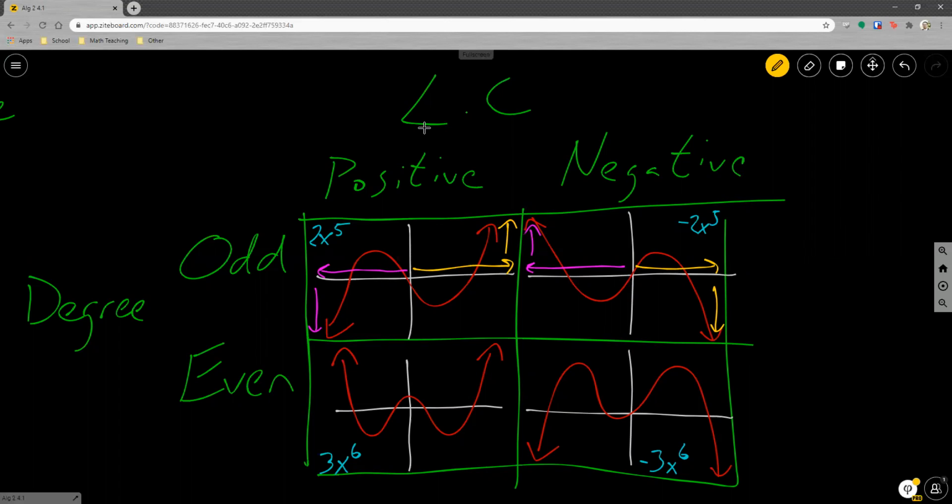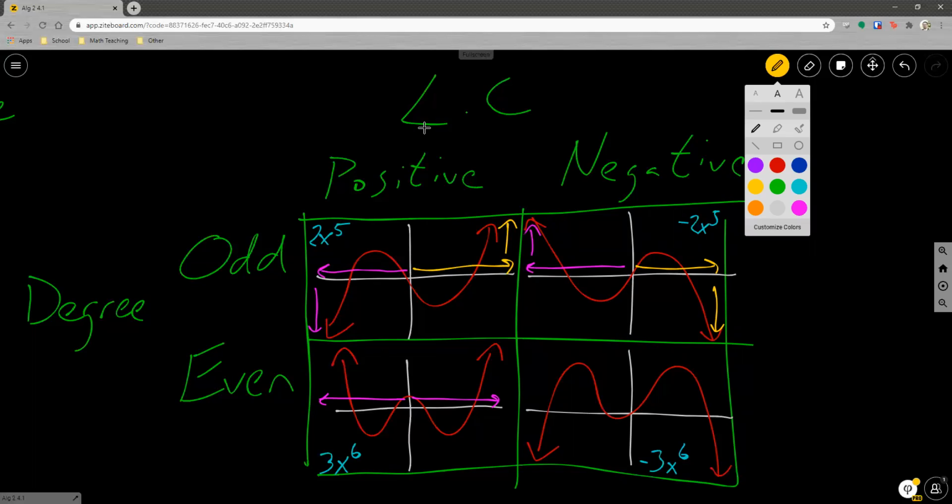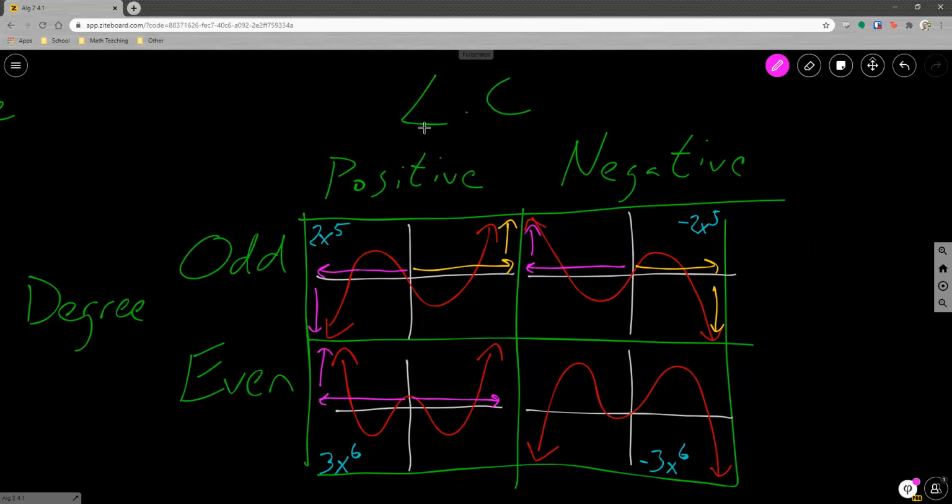With even degree, we have a slightly different situation happening. If I go to the left or to the right, as x goes towards negative or positive infinity, with even degree and positive leading coefficient, my f of x values both go towards positive infinity.